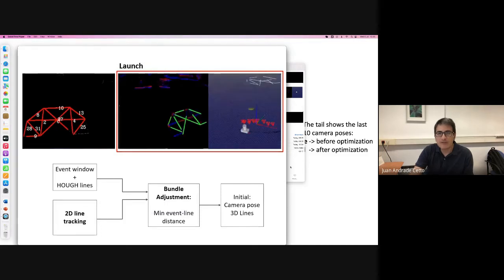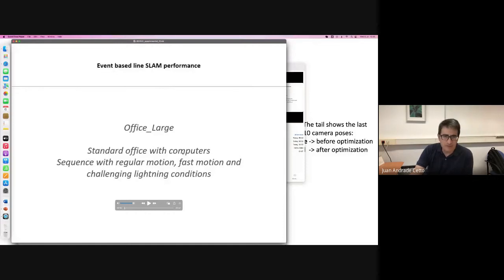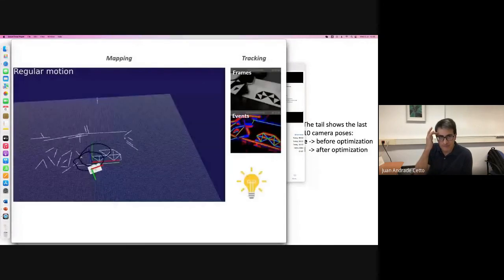And then I have another video I want to show, which is the final mapping of a different, larger scene than what you just saw there. In there, you just saw a 1 cubic meter area. And in this one, you have a larger scene in which you have a few desks in an indoor office, all cluttered with different objects. Of course, all these objects have to have straight lines in order for our system to work.